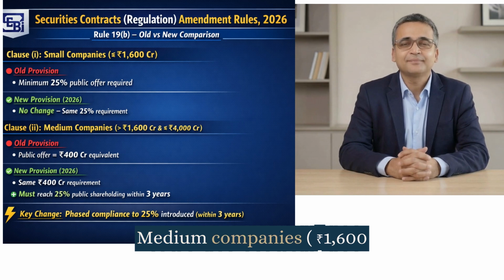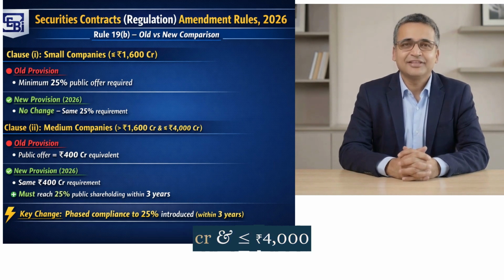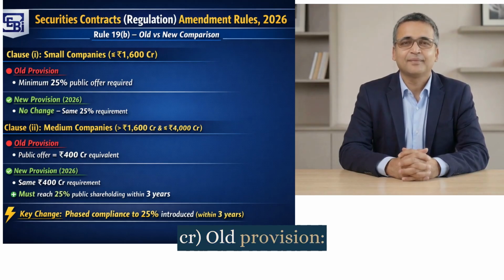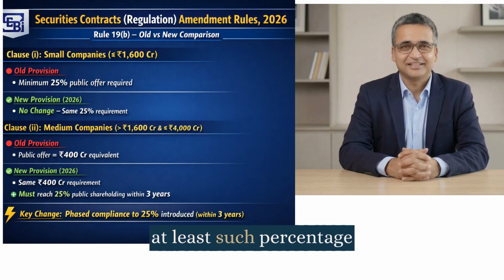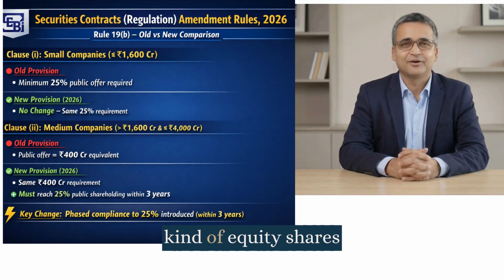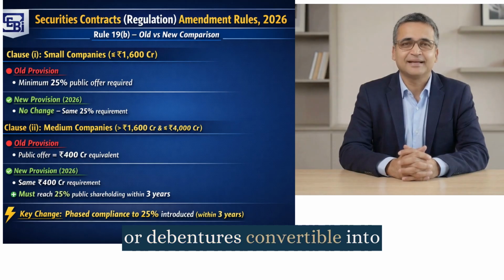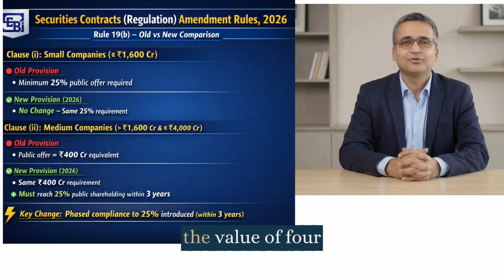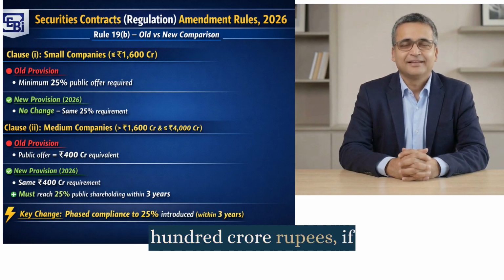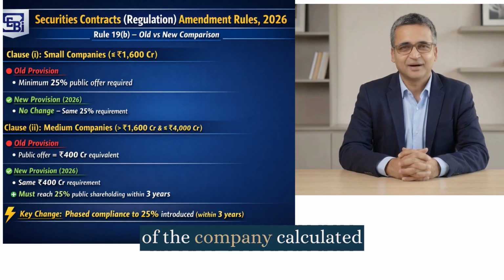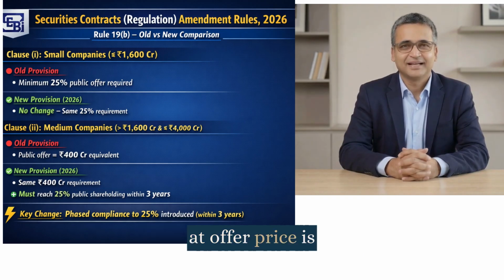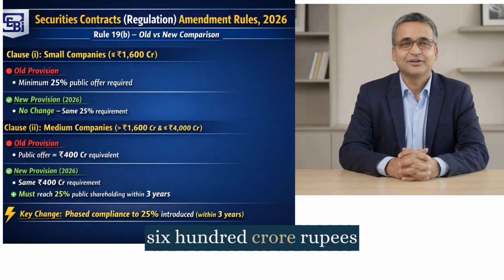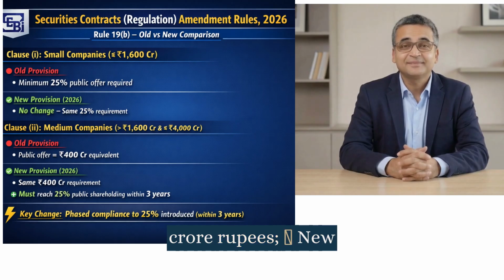Clause 2. Medium companies, above 1,600 crore and up to 4,000 crore rupees. Old provision. At least such percentage of each class or kind of equity shares or debentures convertible into equity shares issued by the company equivalent to the value of 400 crore rupees if the post-issue capital of the company calculated at offer price is more than 1,600 crore rupees but less than or equal to 4,000 crore rupees.